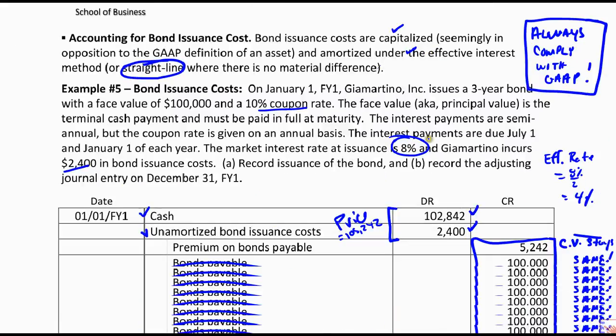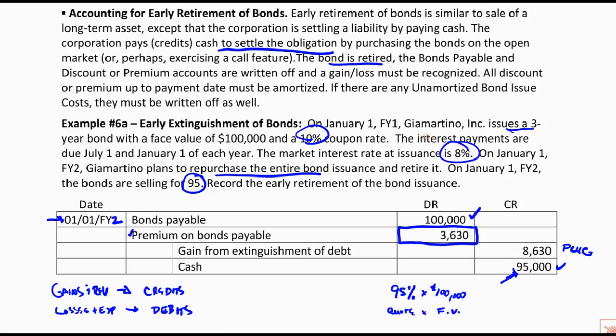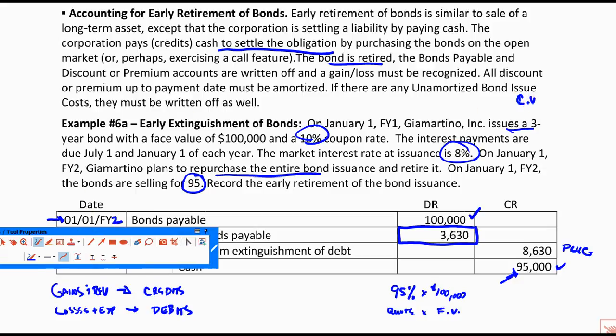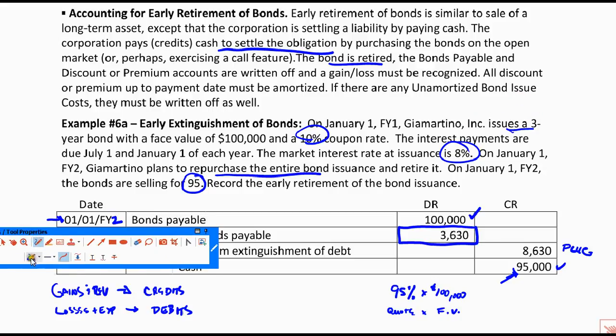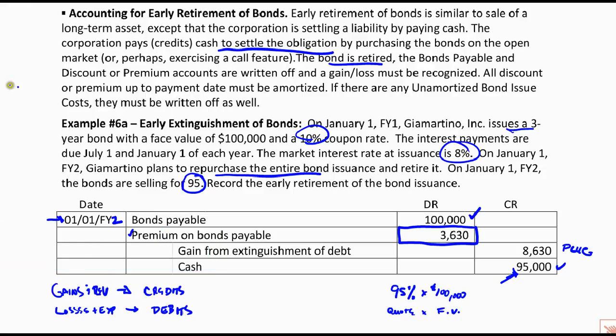So in this problem, we didn't have to recalculate it. We're using the same information. So 100,000. The carrying value. Now let me restart this. Put a column up here. 100,000 is the face value.